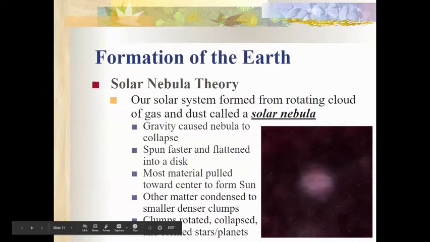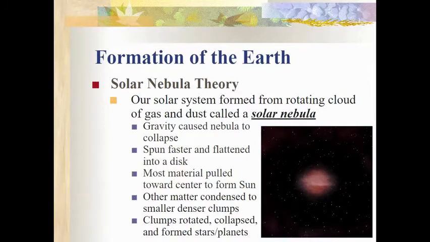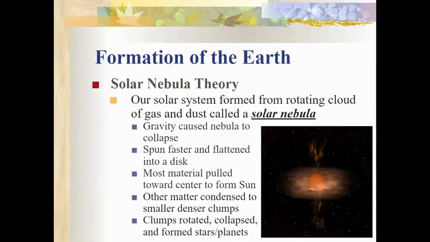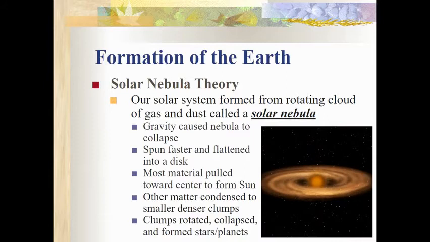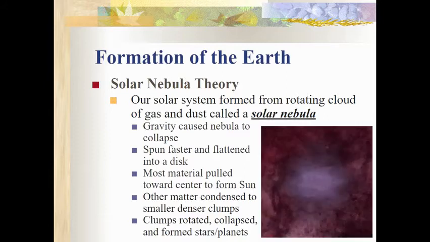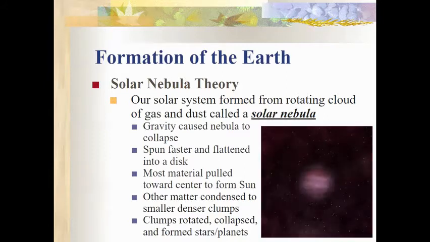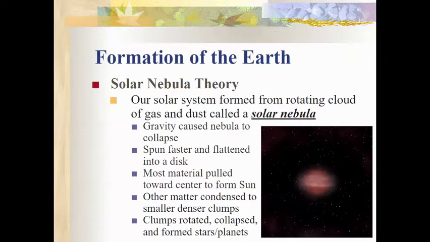So the Earth and everything else in the universe would have formed as a result of the Big Bang. And the Earth formed through what scientists call the solar nebula theory. Our entire solar system formed from a rotating cloud of gas and dust called a solar nebula.